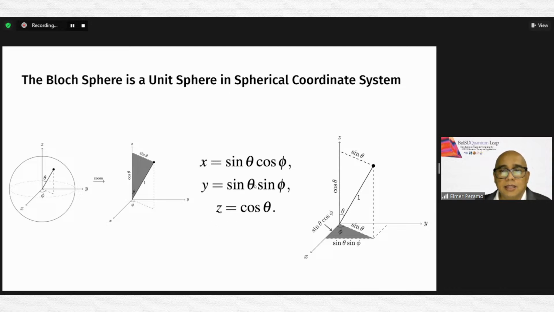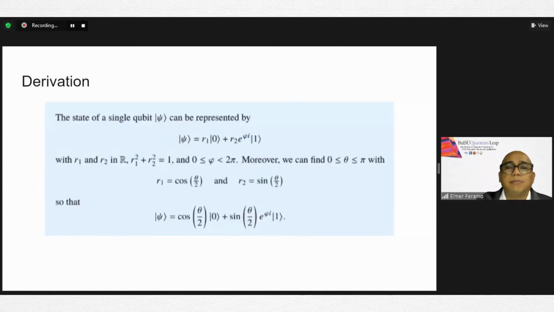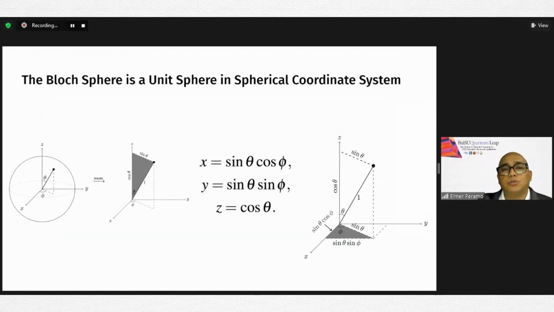I'll be discussing a more in-depth explanation of this next year. But in the meantime, I want you to accept this and use this representation of a quantum state if we're going to represent it visually on a Bloch sphere.